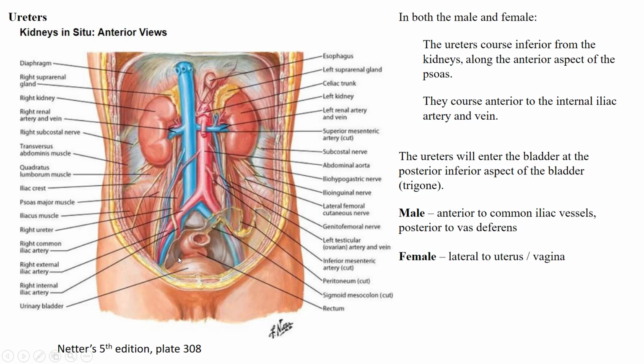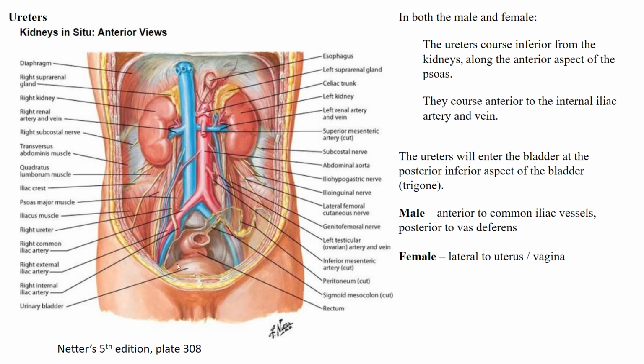The reason why they do this is because if the ureters were actually touching on the superior portion of the bladder, and the bladder fills and then it contracts when it's emptied, and then it fills and contracts, those ureters would be moving around all over the place in the pelvis. So they go down, they insert on the inferior portion of the pelvis, so that as the bladder changes shape, it won't affect where the ureters are and how they attach to that bladder.